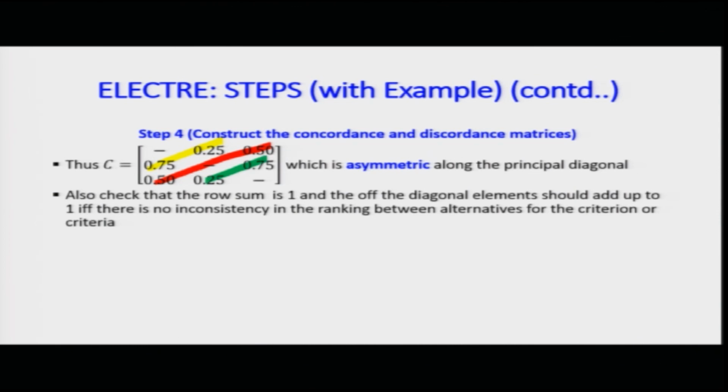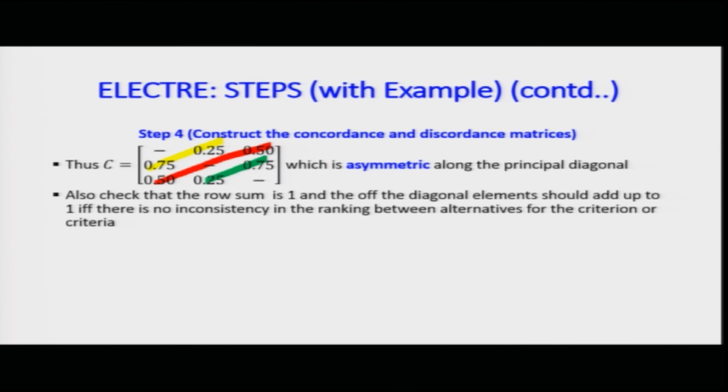It means that when you compare the first with the second, you get a benefit of 0.25. When you consider the second with the first, you get a benefit of 0.75. What are those values? They are the relative scores. So, this is the asymmetric matrix along the principal diagonal. One thing that is very interesting is that the sum of the values of the diagonal elements should be 1.